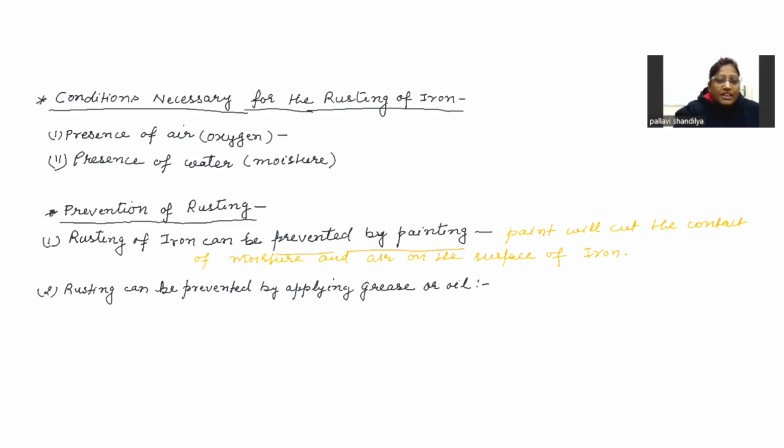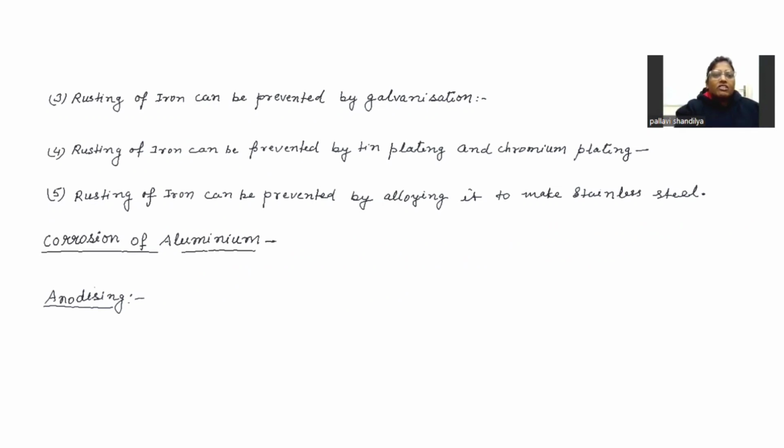And what is the third point? Here the third point is that rusting of iron can be prevented by galvanization.